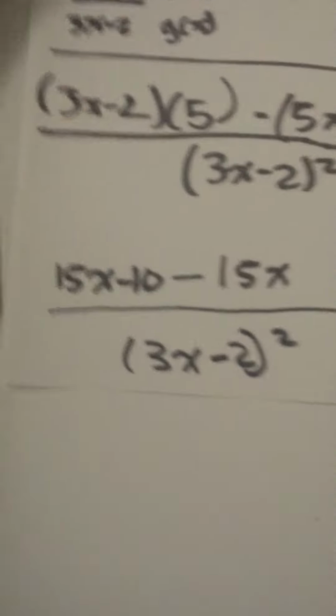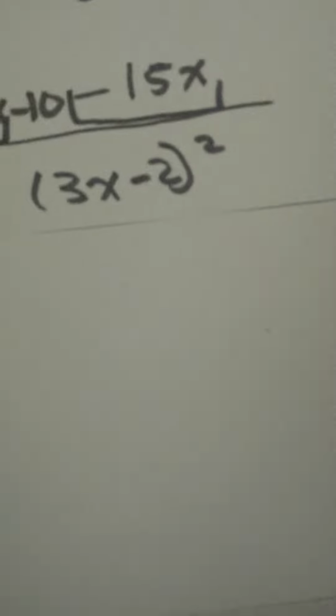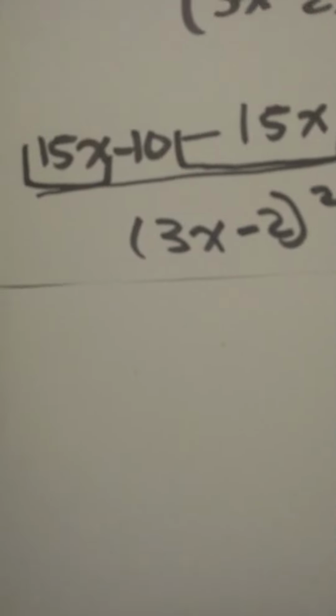So, we can further simplify. As you see here, we have a 15x and we have a negative 15x. Those two expressions will cancel out, leaving you with a negative 10 over 3x minus 2 squared.